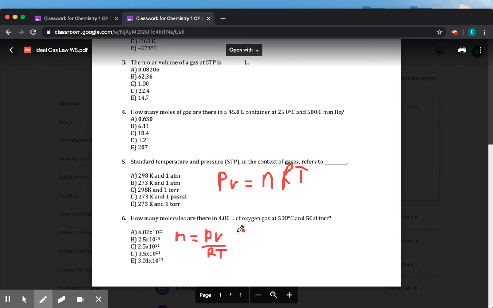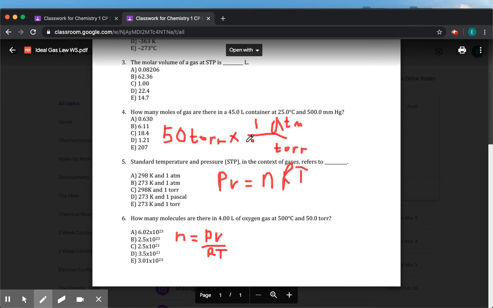We have pressure, but it's in the wrong unit. So to go from torr to atmosphere, we need to use the conversion above. So 50 torr times, remember I showed you how to do conversions. What you're converting to goes up top. We need to go to ATM, so ATM should go up top. What you're converting from should go on the bottom. We are coming from torr, so torr goes on the bottom. And then just plug in the numbers.